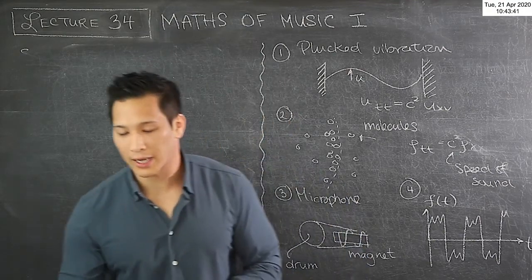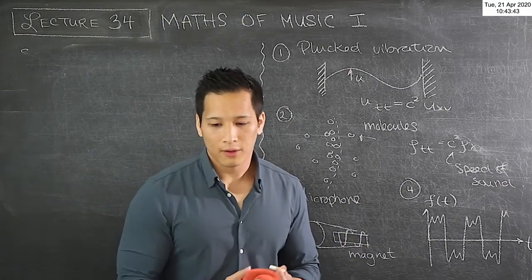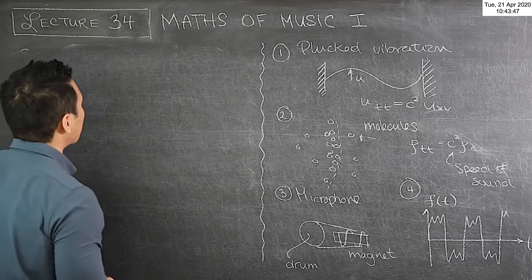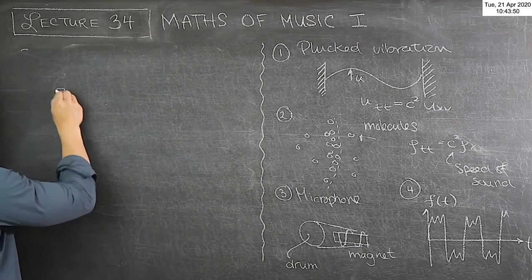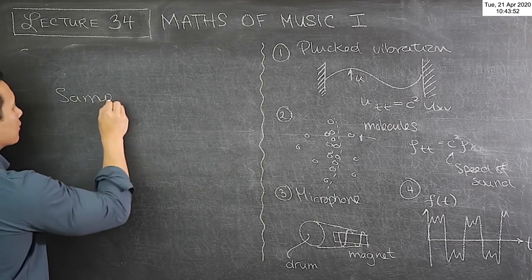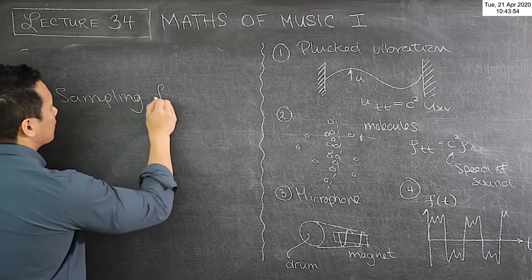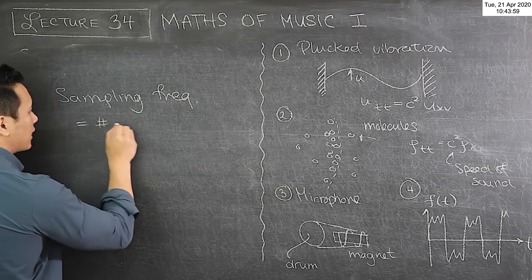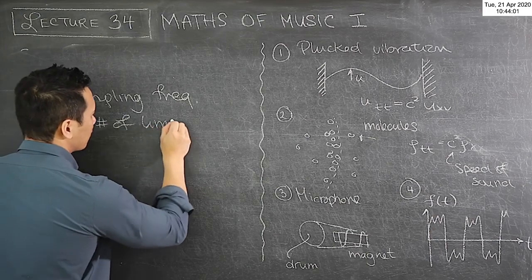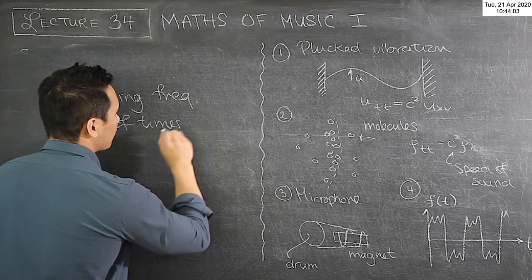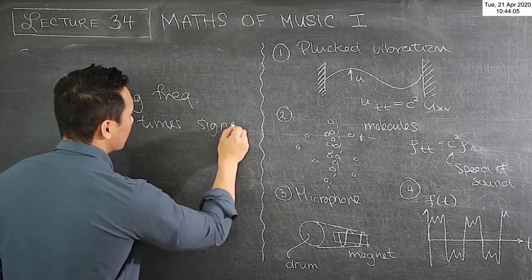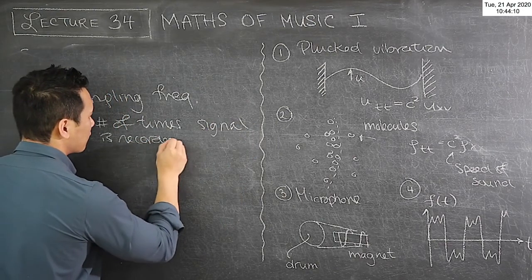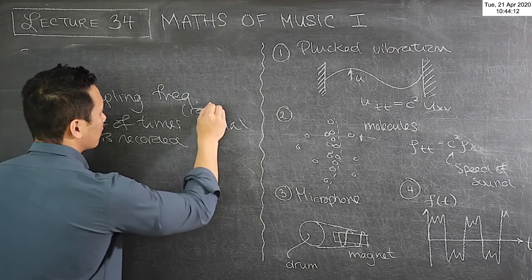as it's coming in. So the sampling frequency is basically the number of times the signal is to be recorded, or the rate at which it is recorded.